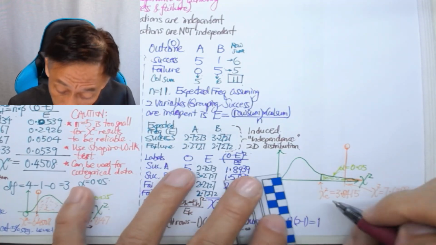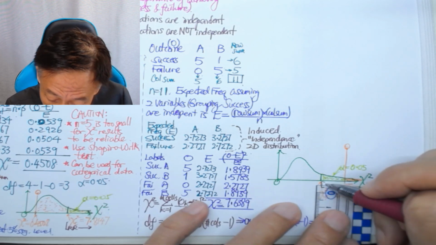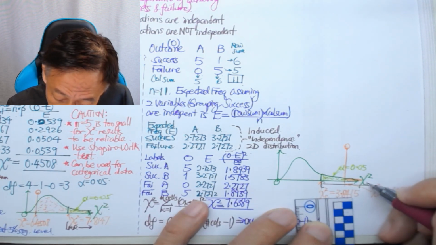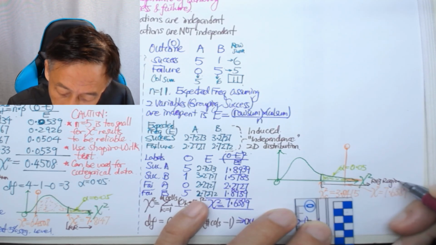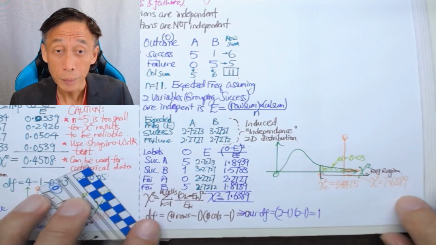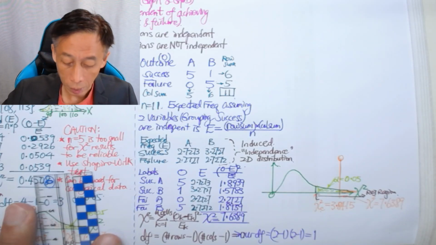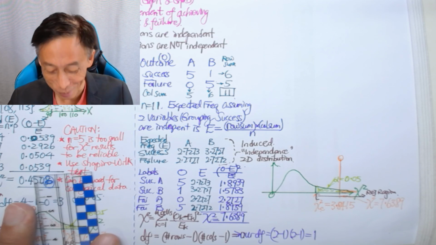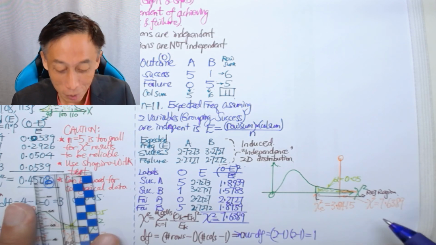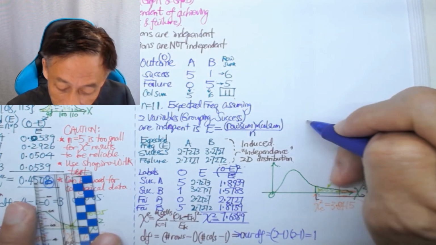So rejection region over here. All right. Then what should we do? Well, at this point, I think you already can hear the voice from your mind saying we will reject, right? We will reject.